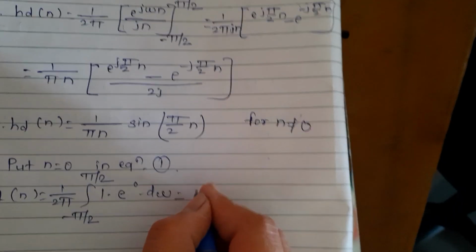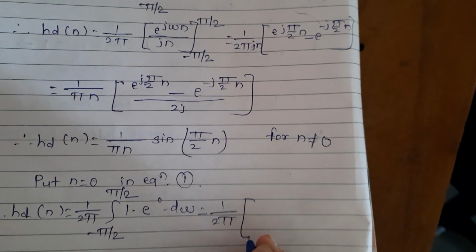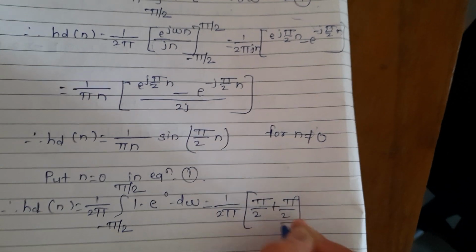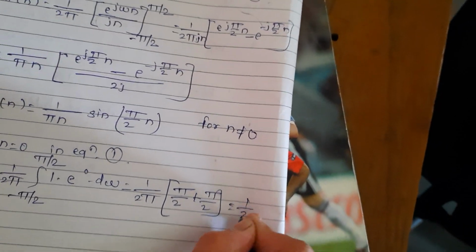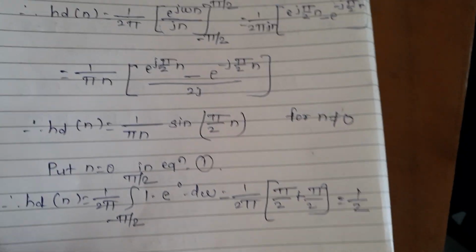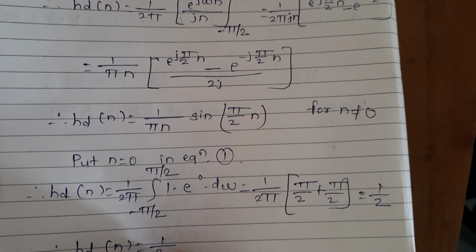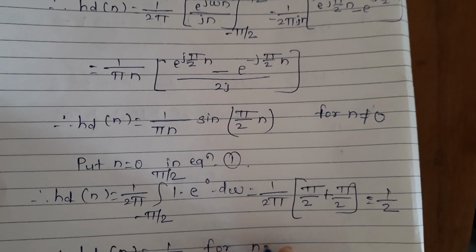So it is 1 by 2 pi, pi by 2 integration values plus pi by 2, so it is 1 by 2. Now hd of n is equal to 1 by 2 for n is equal to 0.